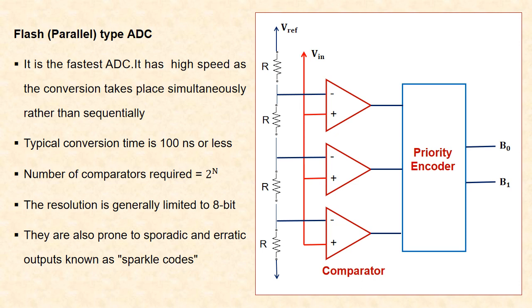Flash type ADC is formed of a series of comparators, each one comparing the input signal to a unique reference voltage. The comparator outputs are connected to the inputs of a priority encoder circuit, which then produces a binary or digital output.